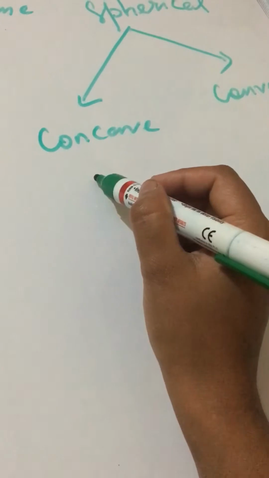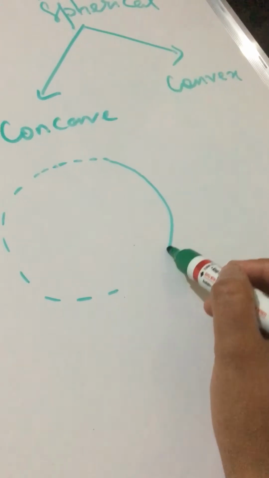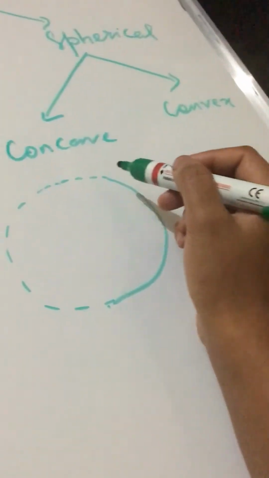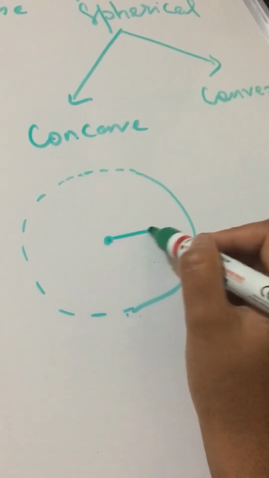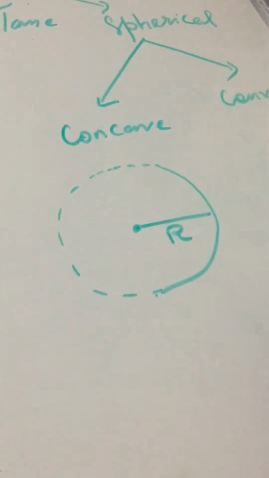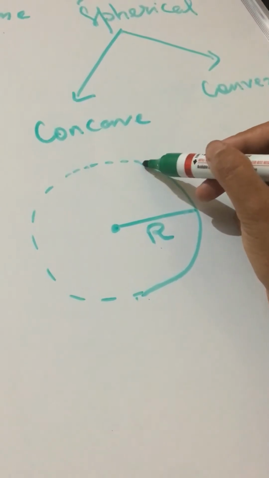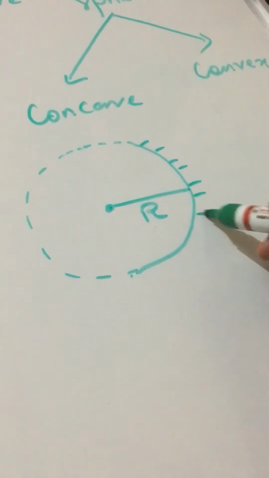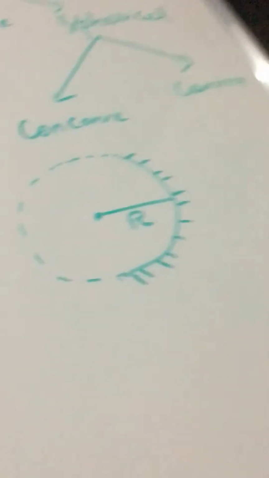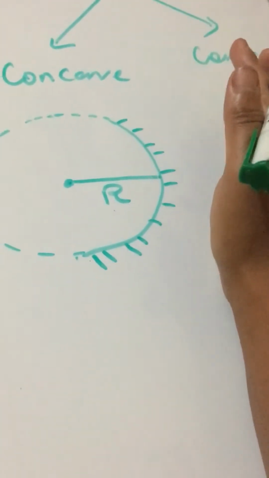Now convex and concave are spherical. So suppose I assume a sphere whose radius is r, and if the reflecting part is inward, and this is the back side of the mirror, then this shape is concave, meaning the reflecting face is inward and the back side is outward.